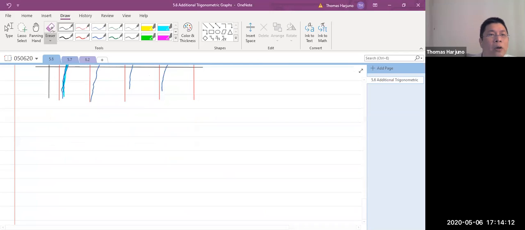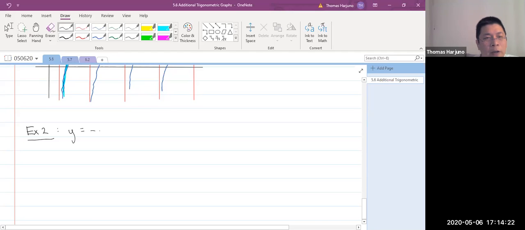Now how about cotangent? Let's try another one. For example, y equals -2 plus 3 cotangent of 4x plus pi.